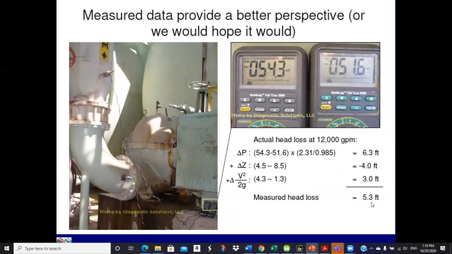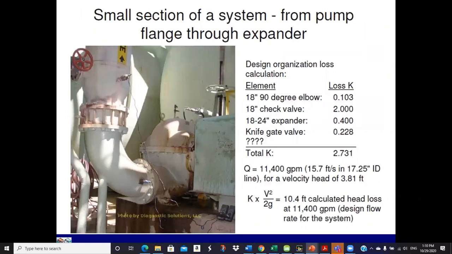So the measured loss is 5.3 feet, which is not quite half of the design. You see? And that's the way the world gets designed. That means the pump is going to have more capability than it needs.